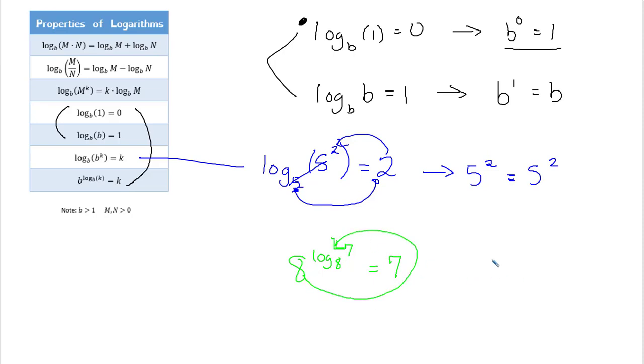When I convert it, I have log base 8 of my answer 7 is equal to my exponent, which was that log base 8 of 7. So again, if those match, they cancel, leaving just that 7.